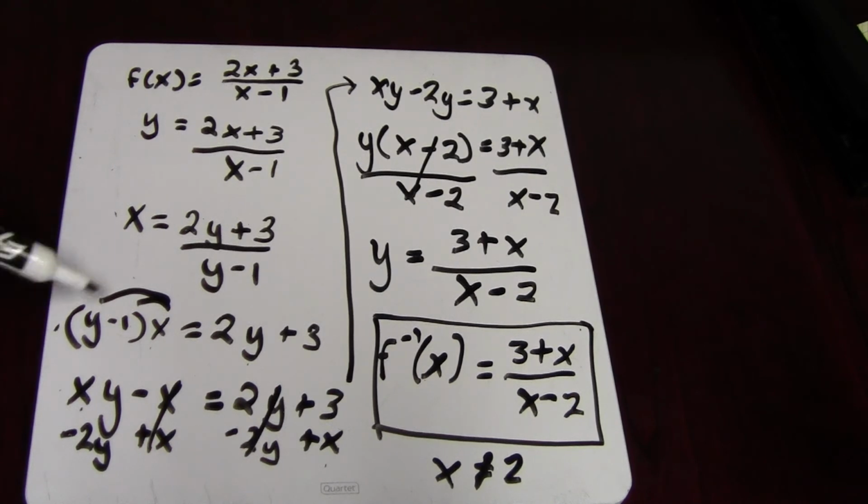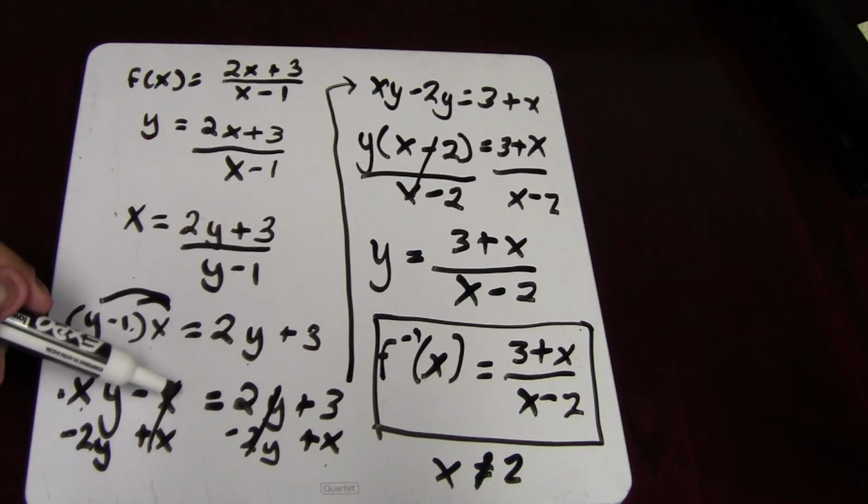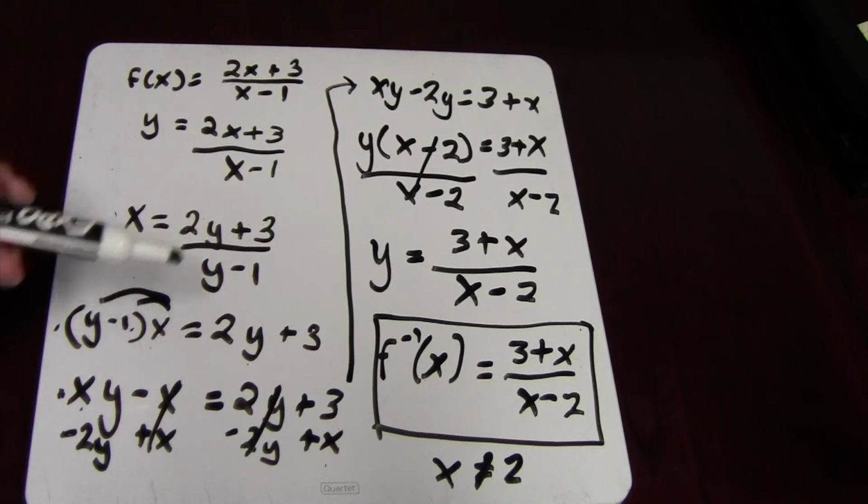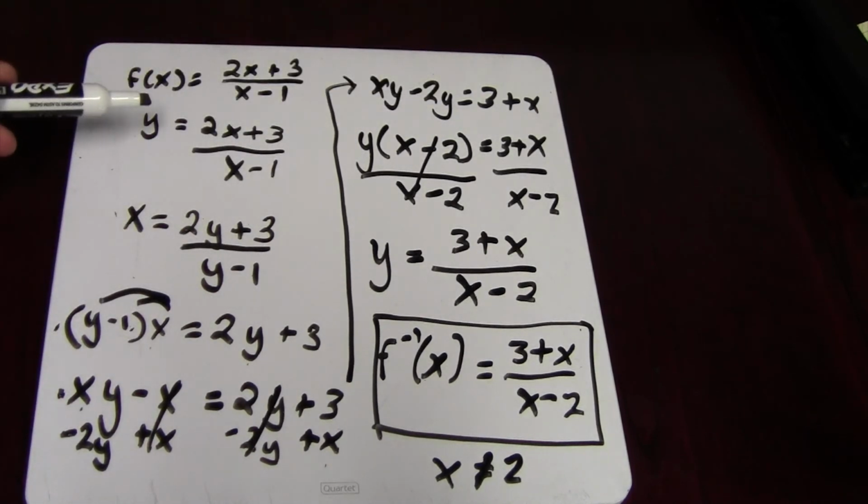We then distributed this x in to get to this part here. Now, once we get here, we want the things that have y in it on one side of the equal sign and the things without the y's in it to be on the other side. So we move this 2y to the left and we move this x to the right because this did not have a y in it and this did. Once we did that, this is what we had.